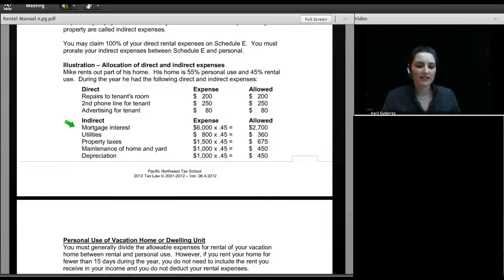Indirect expenses for that same tenant include mortgage interest, which has to be prorated for the tenant at 45%.